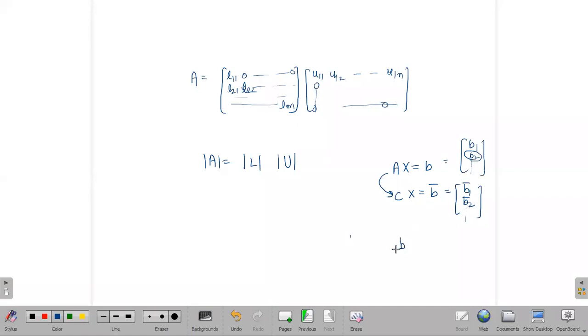It will be B2 minus the formula when we use it in the second row: A21 by A11 into B1, na. Yes, ma'am. So this will be the formula. Okay, ma'am, yes, this was it.